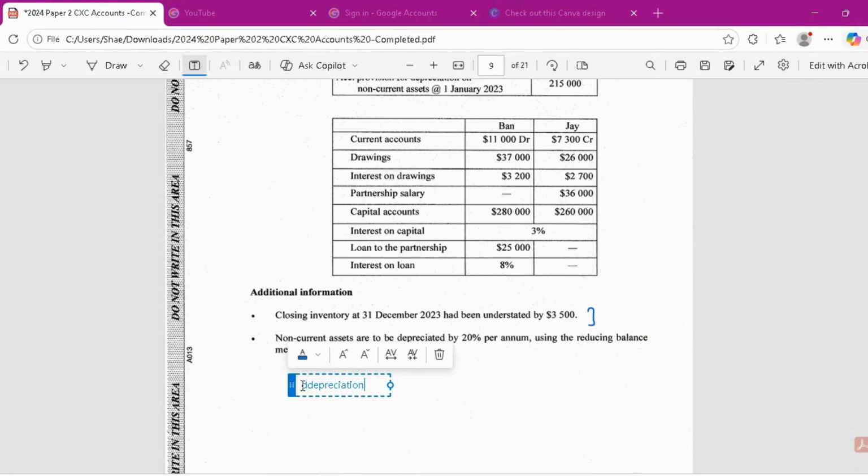So when you're doing reducing balance method, it is the cost of the asset minus total accumulated depreciation, multiplied by, so after you do that, let me put that in the bracket, you need to multiply the figure by the depreciation rate.